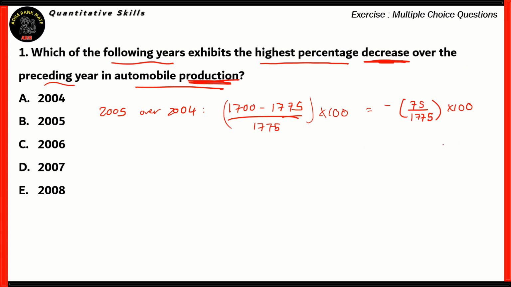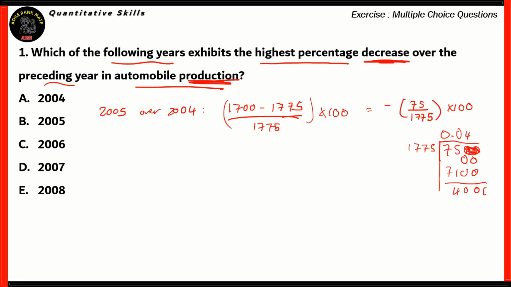So if we do that here, 75 times 100 is 7,500 over 1775. So that will be 0 point. Then we add 0, 750. Still not big enough. We add another 0. So 7,500. Now 1775 times 4 would give us 7,100. So you get a balance of 400.